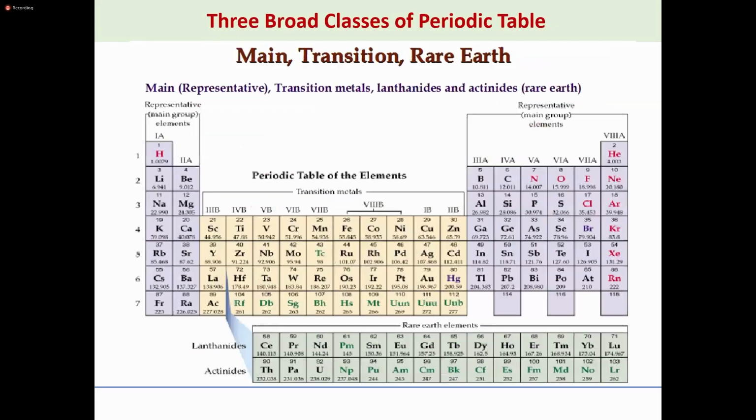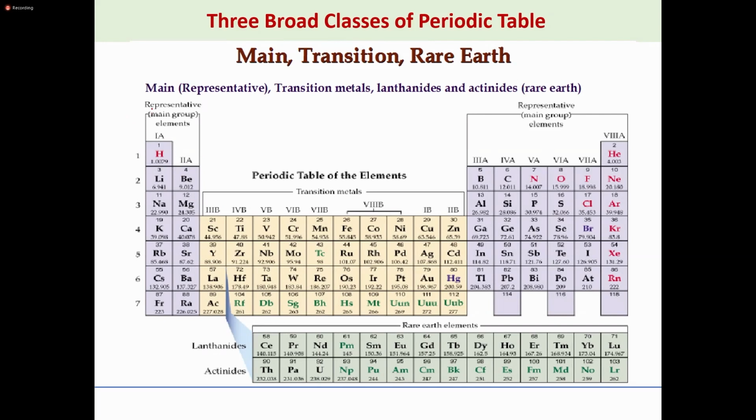Now the second slide. In the modern periodic table, what we have known till now is that there are seven periods and 18 groups: the alkali metals, the alkaline earth metals, the transition elements, and the noble gases. But in this slide we will get the overall idea.